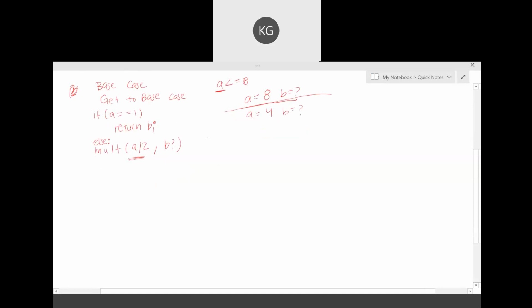Because we plug into this function, A does not equal 1, so we have to do the else statement. We had more details about what the else is, but basically every time, no matter if we did the else or else if, it was just dividing A by 2. So now A was 4. And then it goes again because it's calling the function again. So what is A going to be now?